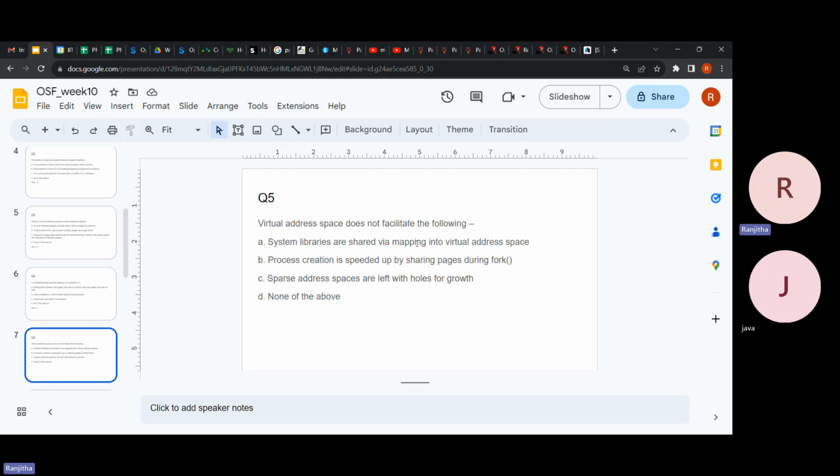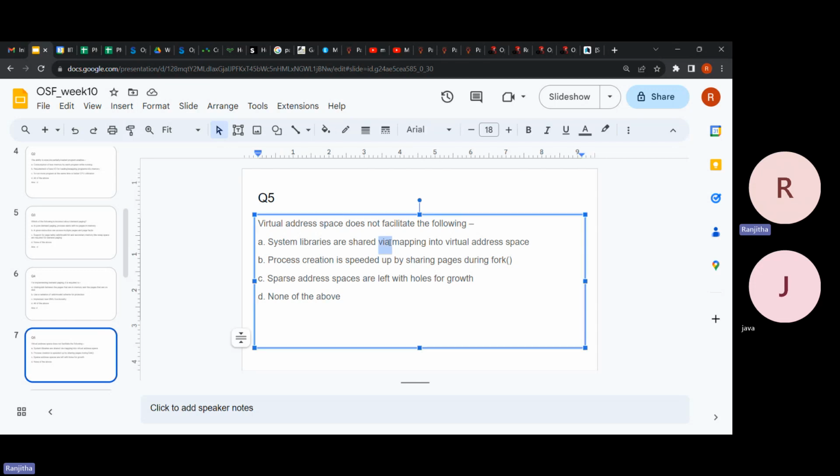That is true, virtual address space does that. We can do library sharing also, that is also facilitated by virtual address space. Sparse address spaces are left with holes for growth. That is also true. So virtual address space facilitates A, B, and C. So here again, the answer is D, none of the above.